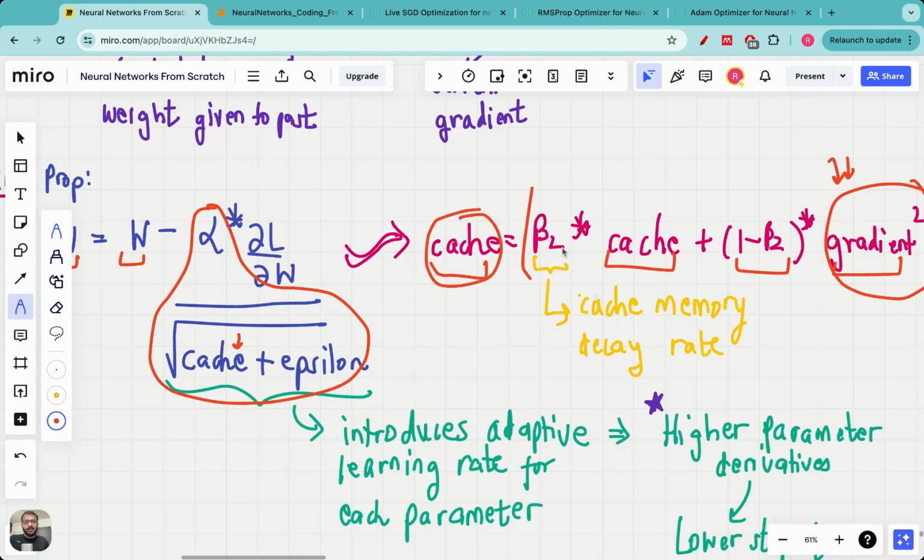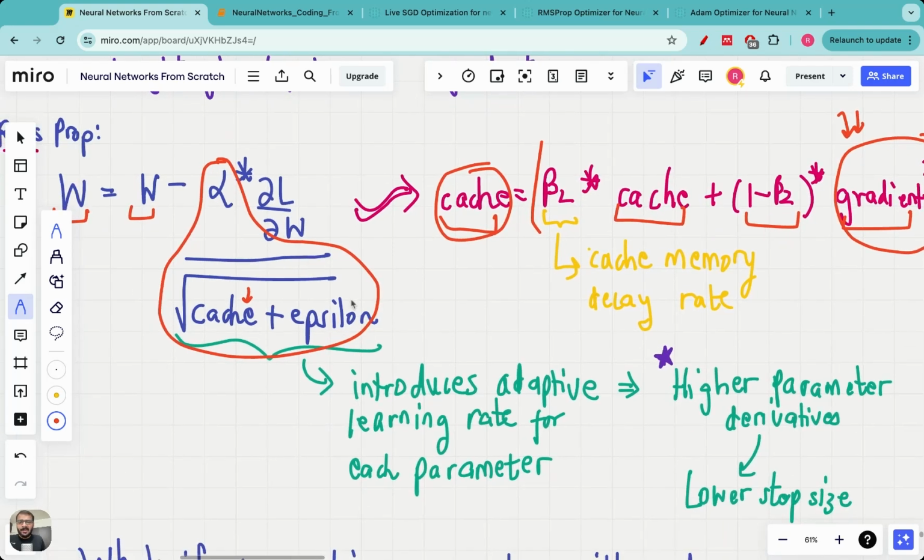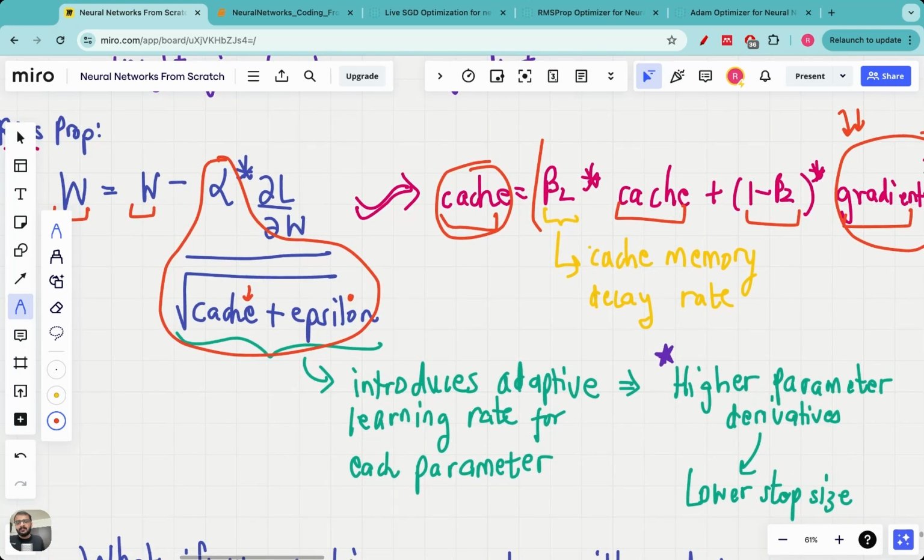So if the beta 2 value is very high, a lot of importance will be given to the previous gradient square parameters. And the reason it's gradient square is because we are using a square root here. So we are effectively dividing by only the gradient. And the reason the epsilon parameter is added here is to prevent the denominator from becoming zero.